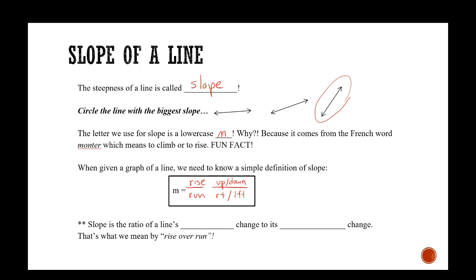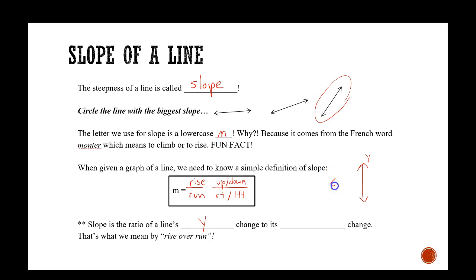So slope is the ratio of a line's vertical change to its horizontal change. So let's think about that, up and down. Think about your XY axis. If I want to go up and down, that is what axis? Your Y. So when I say rise or up and down, that is going to look at your Y change, because that's the axis that goes up and down.